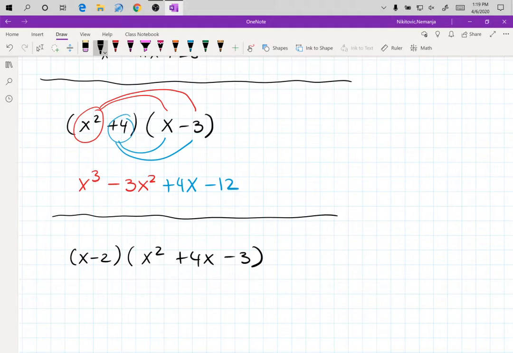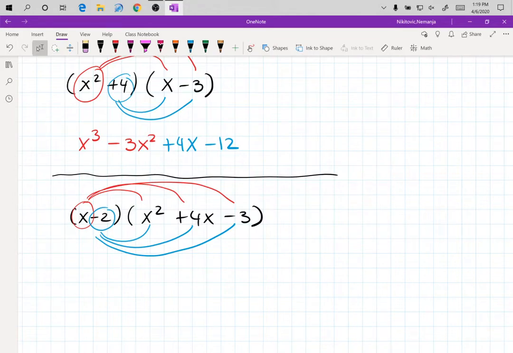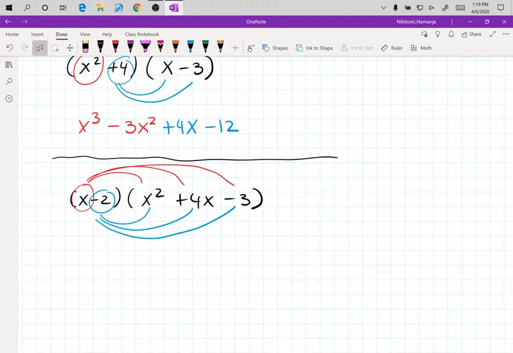The first term will go into all of the other ones, right there, and there. And then the blue one, which is negative 2, will go into each one. So now we are going to end up with 6 terms.